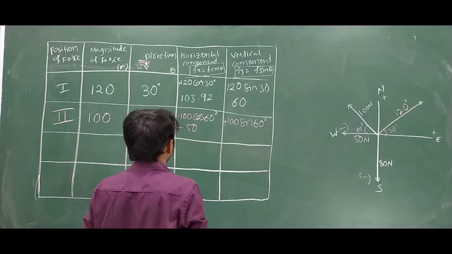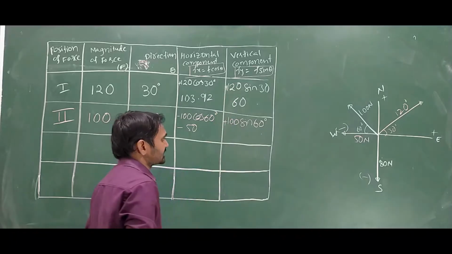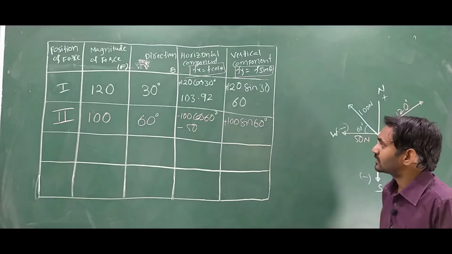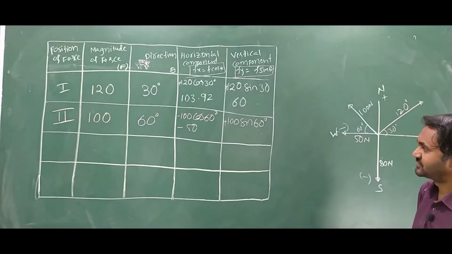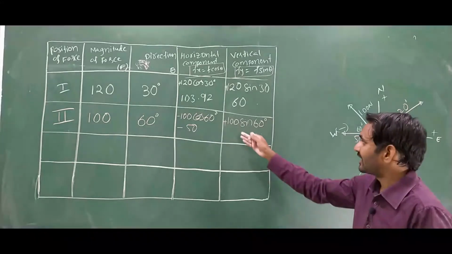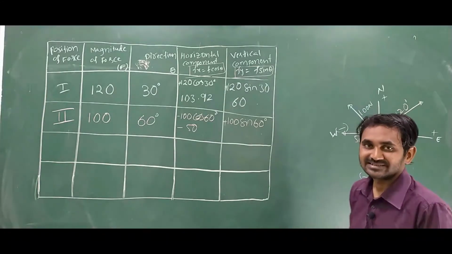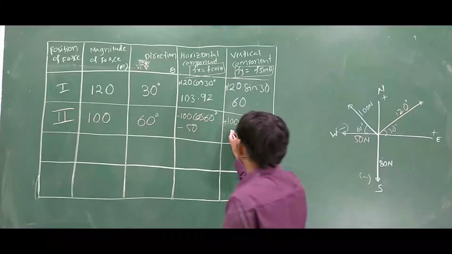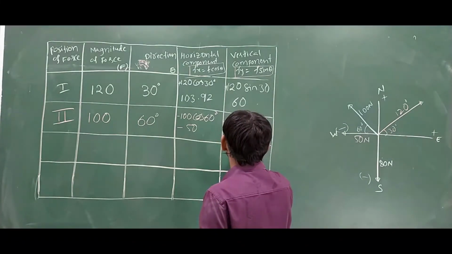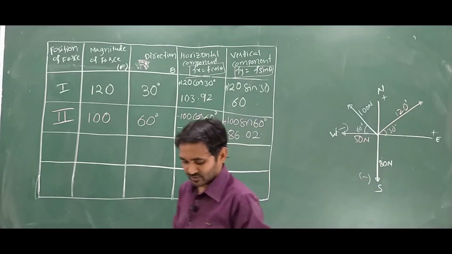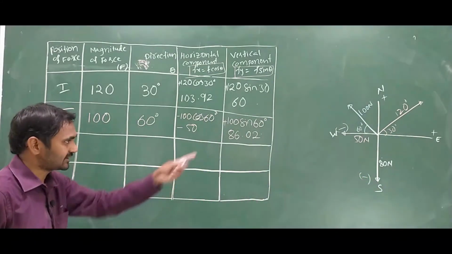Here also both are in positive directions, so you will get positive signs. Now 100 sin 60 will be 86.02.